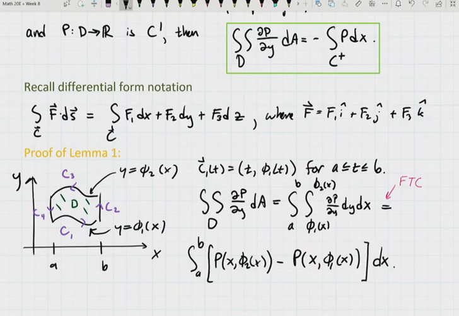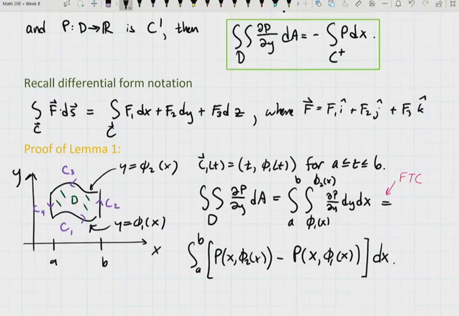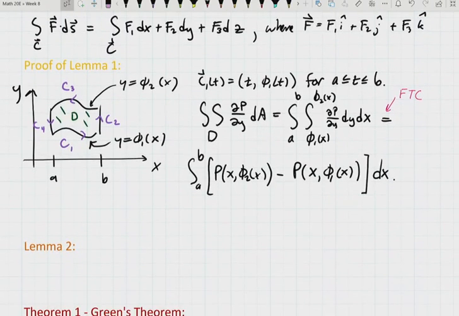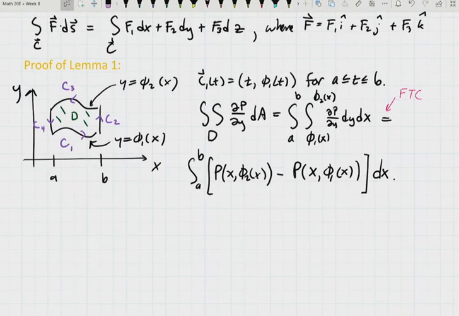Okay, so that was the most important step. I told you all these proofs, it's just fundamental theorem and bookkeeping. Well, the rest of the proof is just bookkeeping. So let's see what some of those path integrals look like. How about the integral on C1, the bottom path, this part?